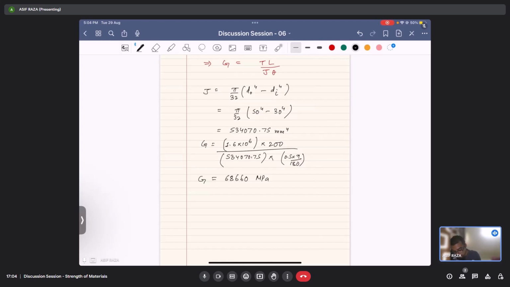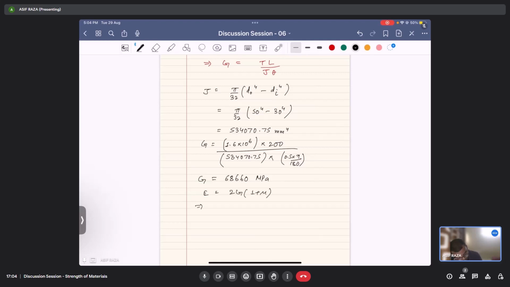Now this is modulus of rigidity or shear modulus. So this can be written in terms of Young's modulus as E is 2G into 1 plus mu.